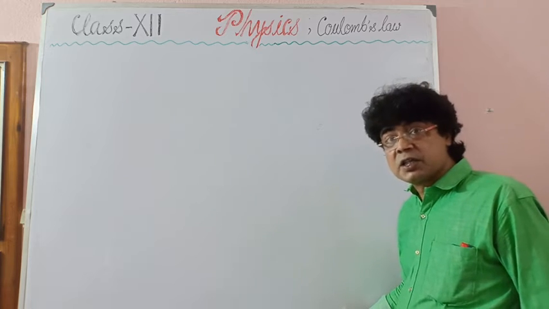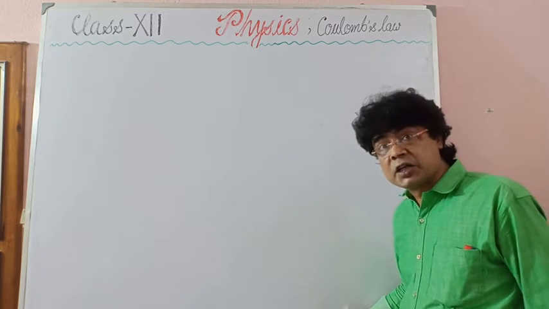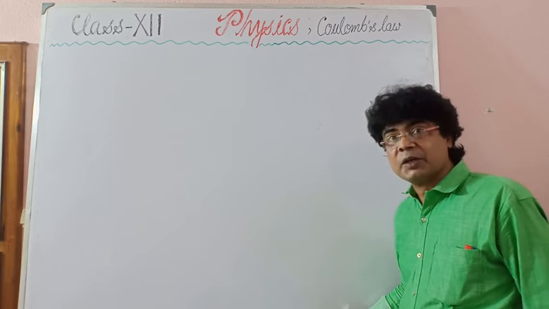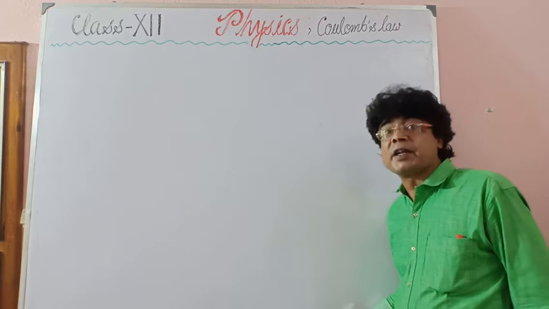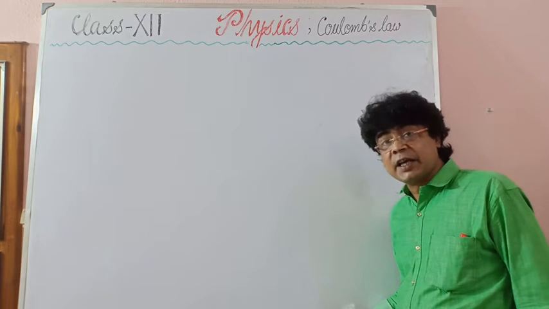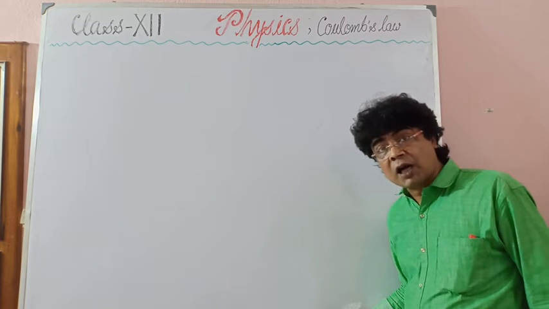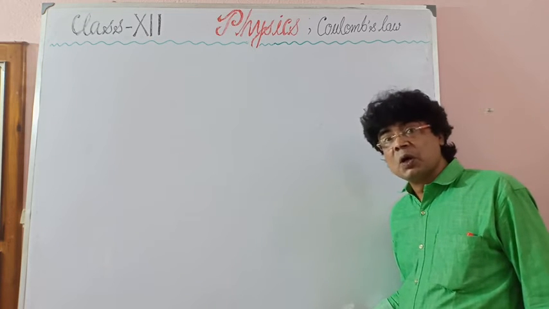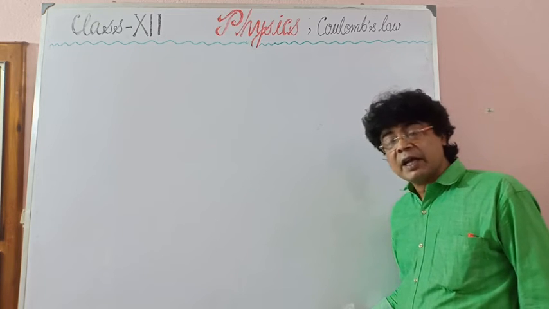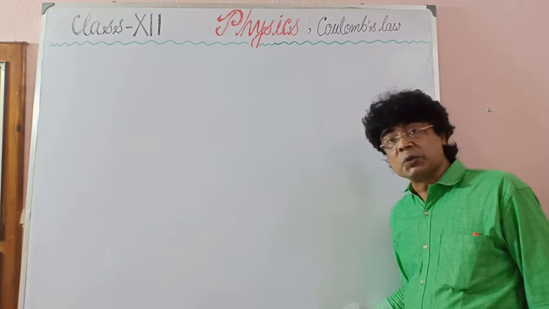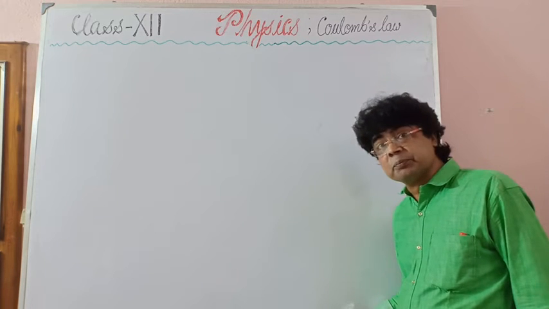Coulomb's law is stated as: the force of attraction or repulsion between two stationary point charges is directly proportional to the product of the magnitudes of the two charges and inversely proportional to the square of the distance between them.